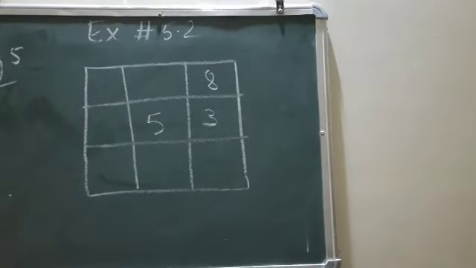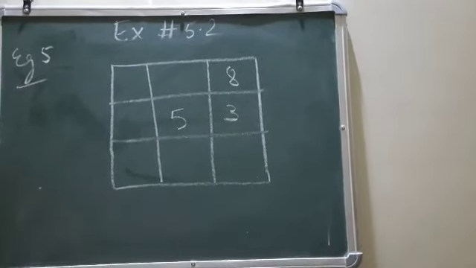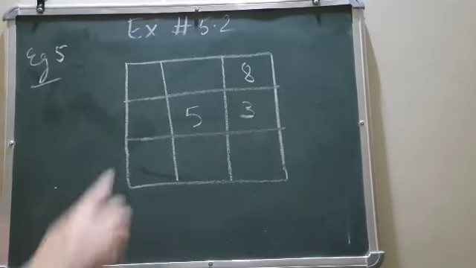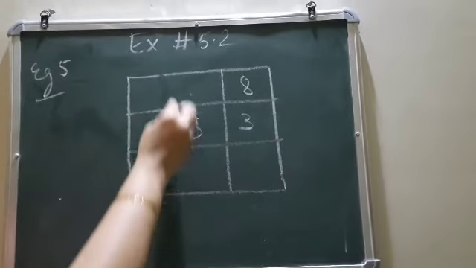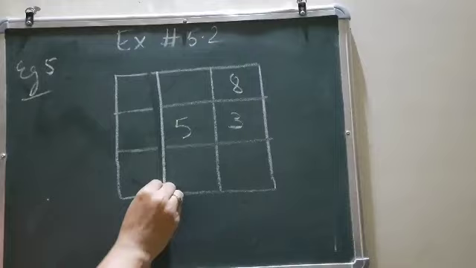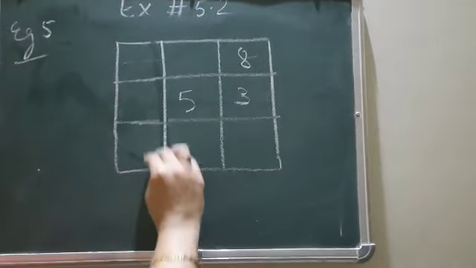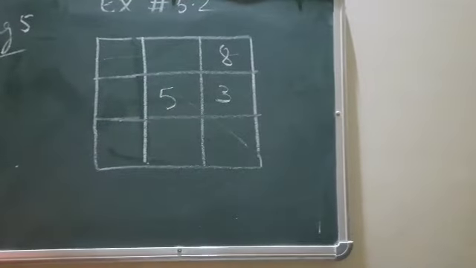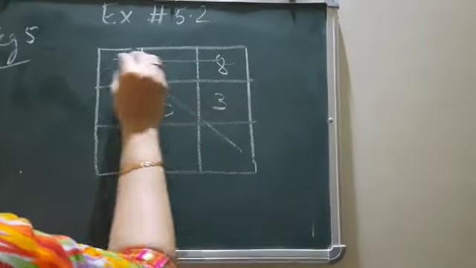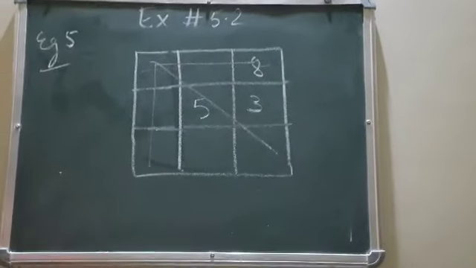You have to use the numbers 1 to 9 so that in each row and each diagonal, each column, your sum should be 15. You have to make it 15. So how will we do it? Rows means this, column means this, and diagonal is this. So this way, and this way, your answer should be 15.